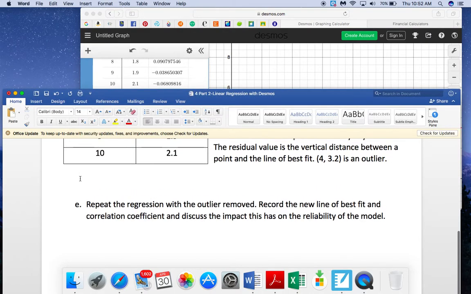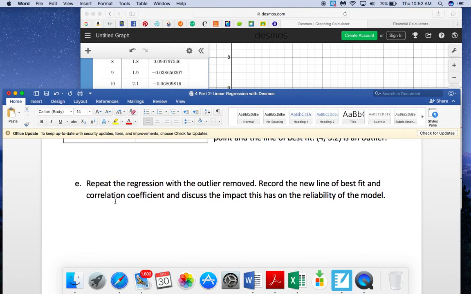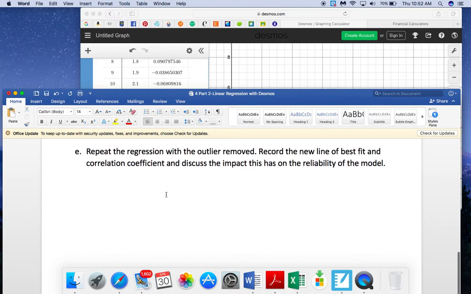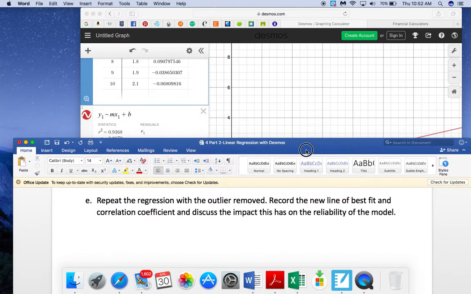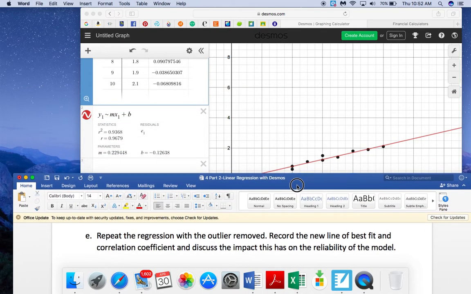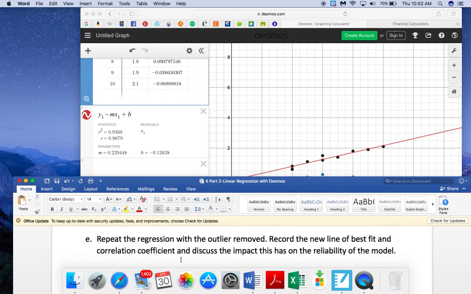Okay, so it says here, repeat the regression with the outlier removed, record the new line of best fit and the correlation coefficient, and discuss the impact this has on the reliability of the model.